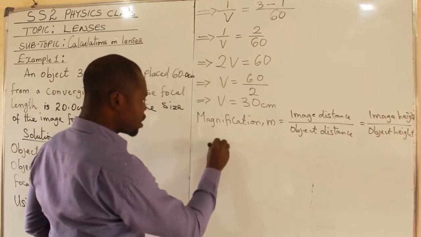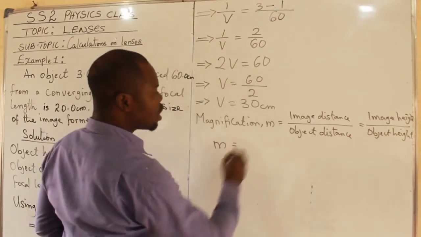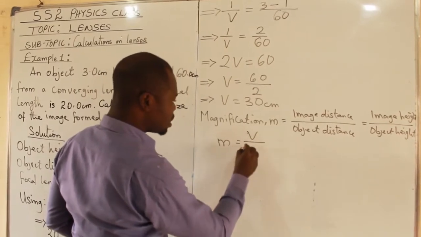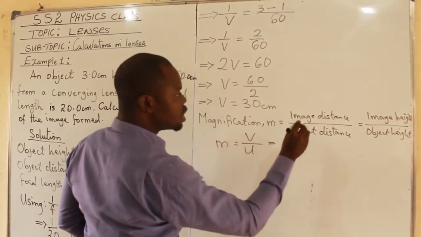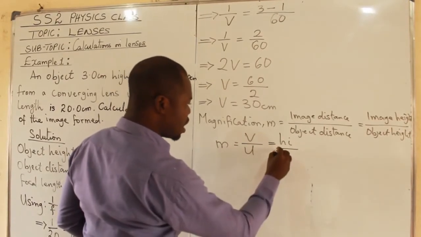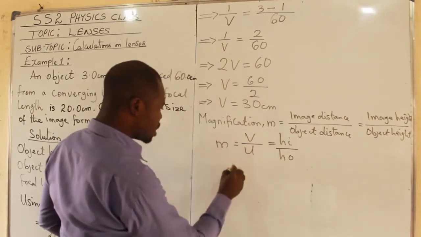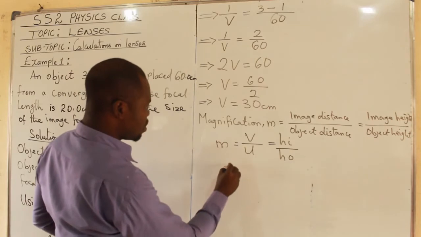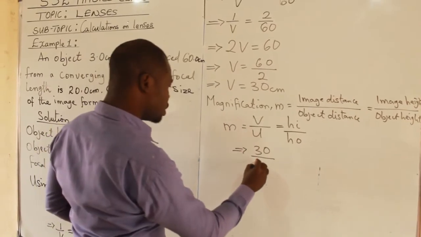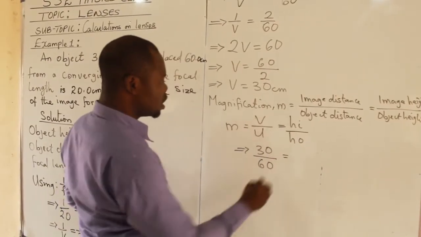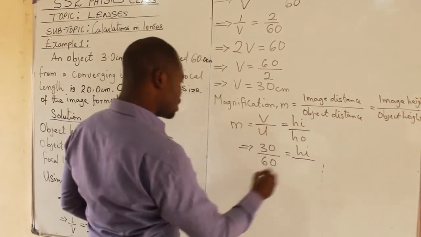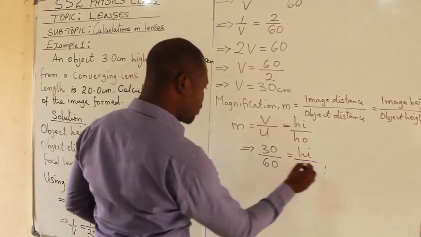Let's call the image distance V, the object distance U, the image height IH, and the object height OH. If you substitute, we have 30 over U, and U has been given to be 60, equals image height, that's the size of the image, over object height. We have been given our object height to be 3.0.